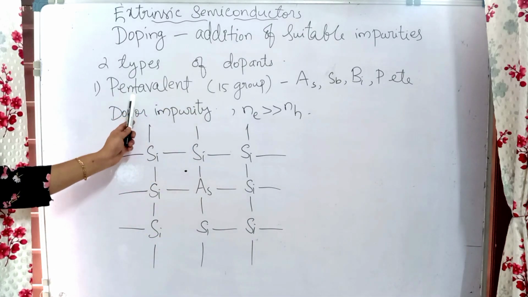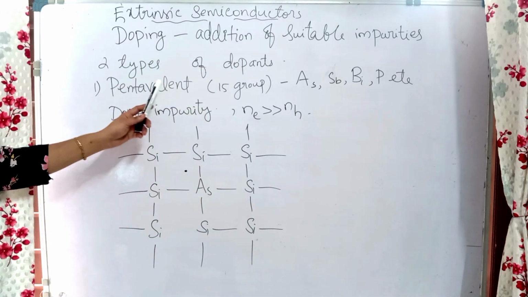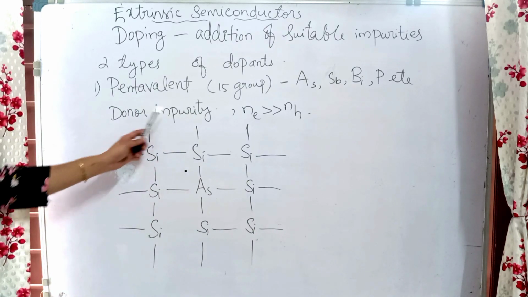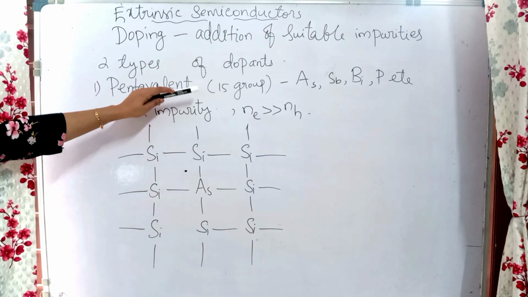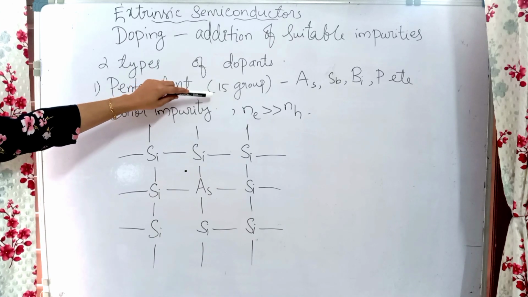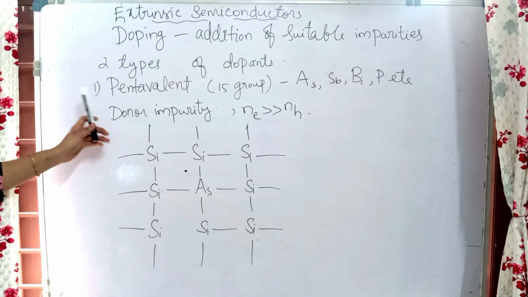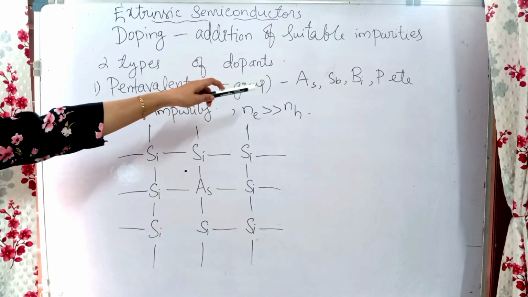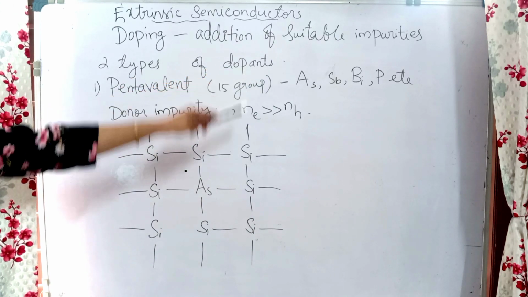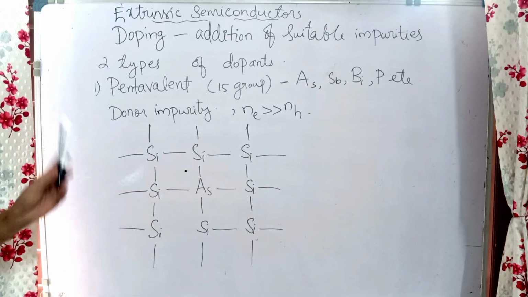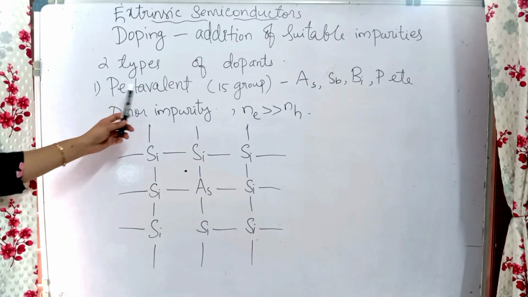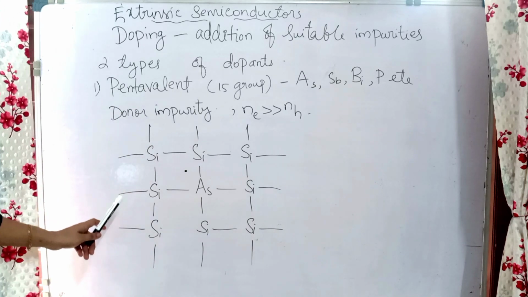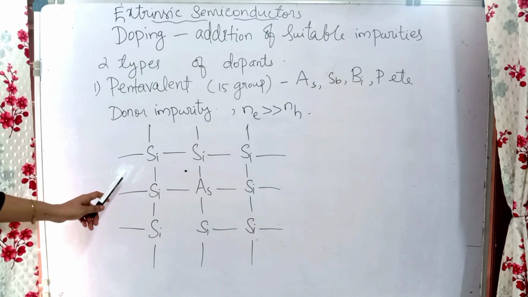That is why it is called pentavalent, and it is also called donor impurity. I will discuss why it is called donor impurity. So whenever we add a pentavalent impurity, we can use any one of these: arsenic, antimony, bismuth, or phosphorus, and here we consider silicon.